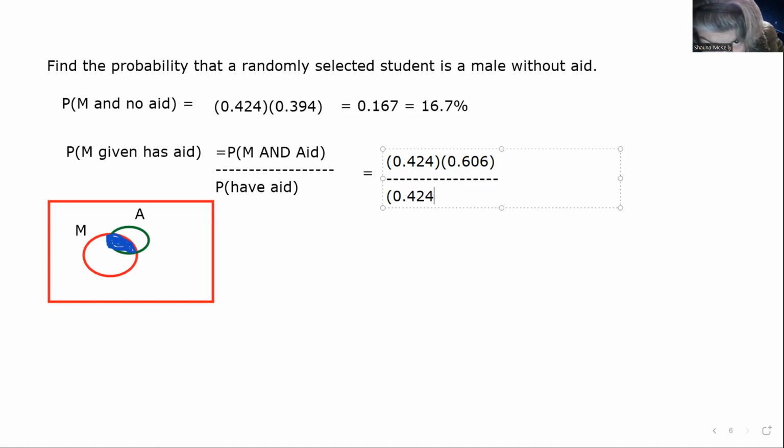So 0.424 times 0.606, that's the males with aid, plus the females: 0.576 times 0.652.